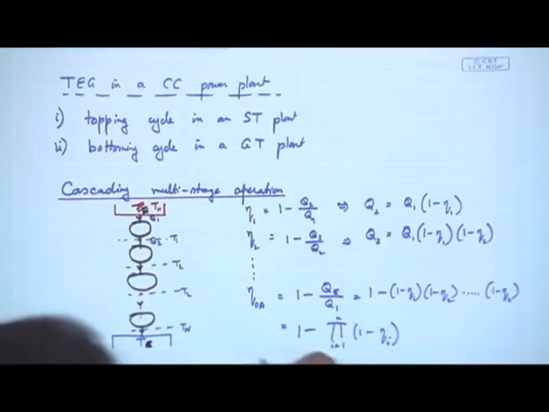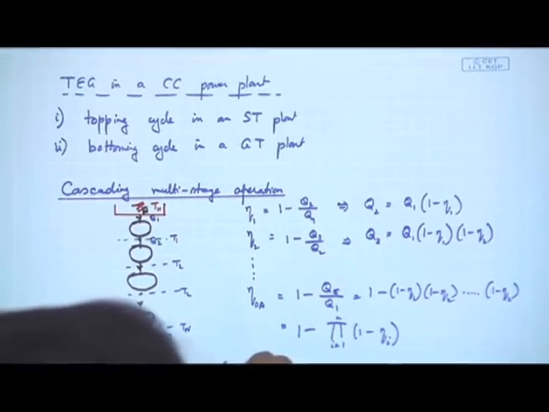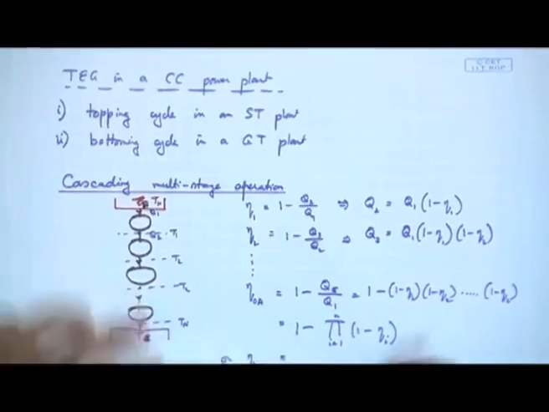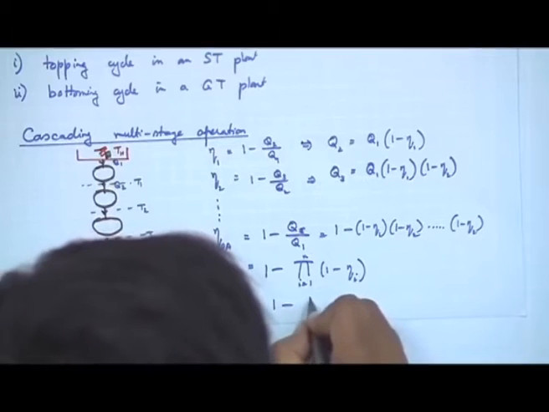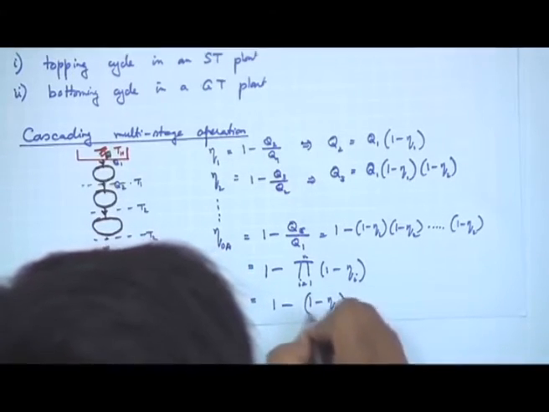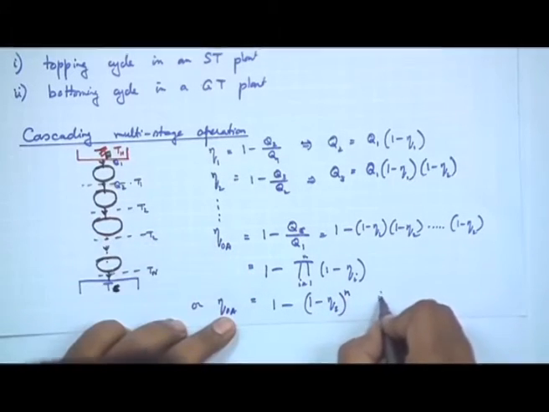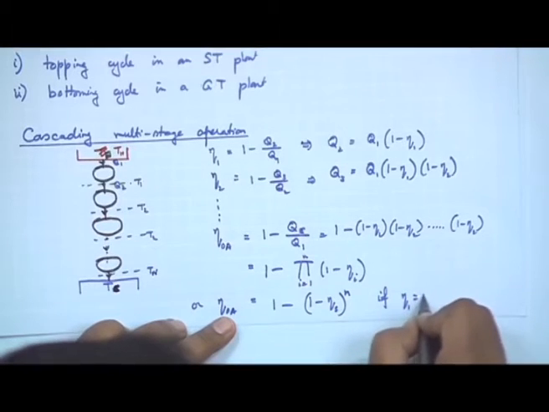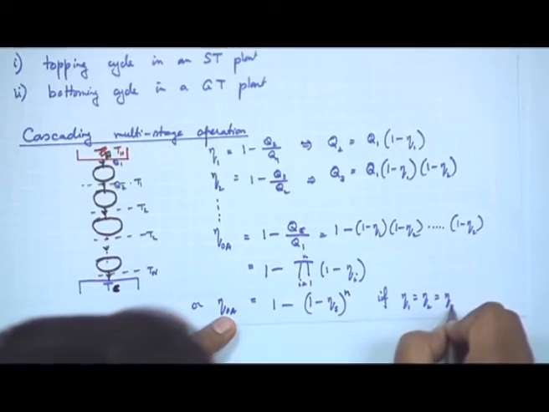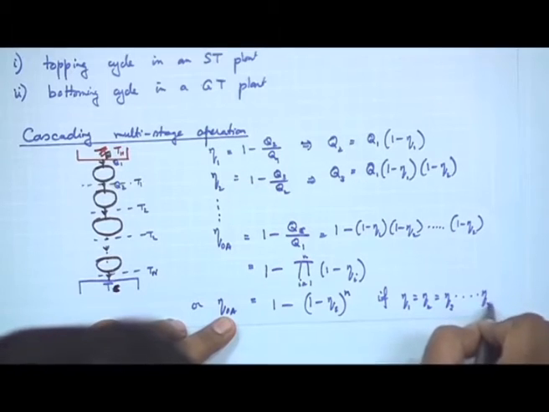And eta overall can be equal to 1 minus eta s to the power n if eta 1 equals eta 2 equals eta 3 equals eta n.